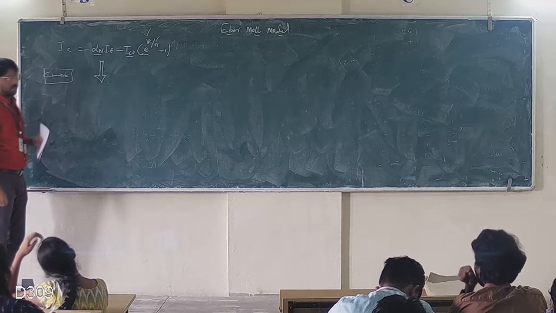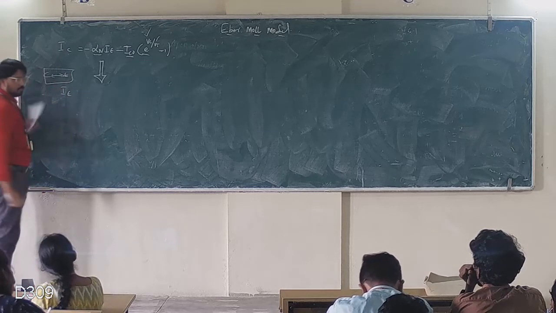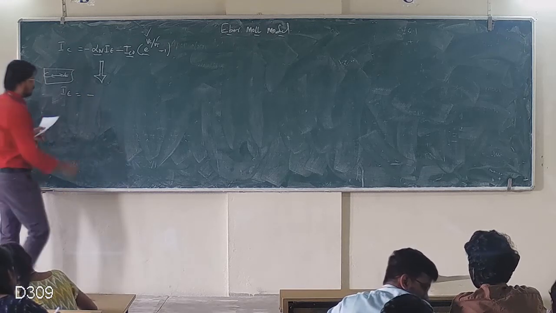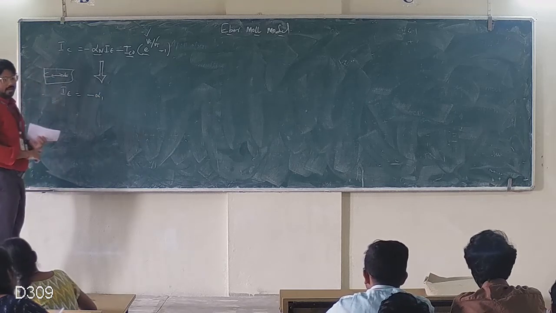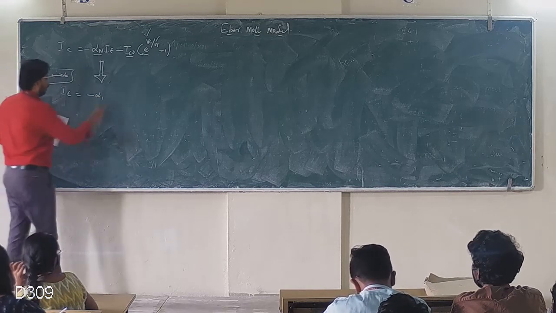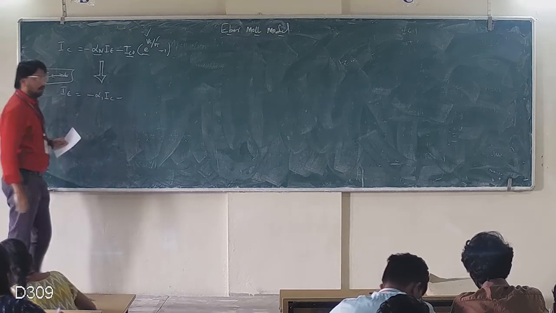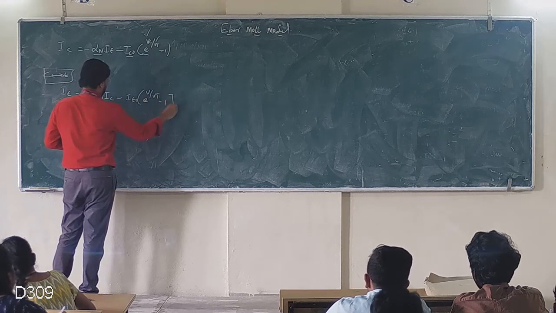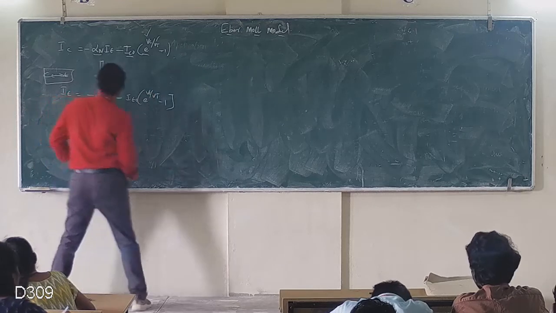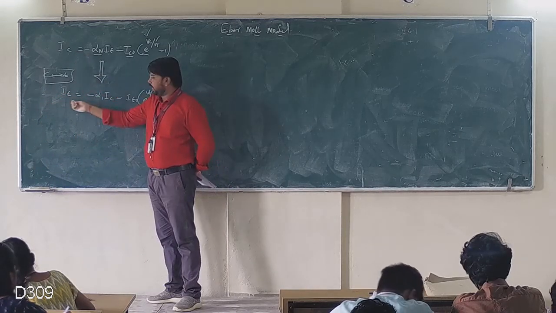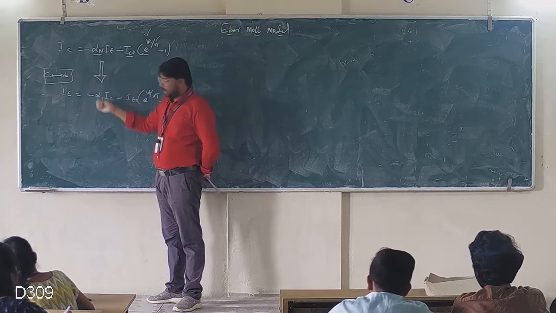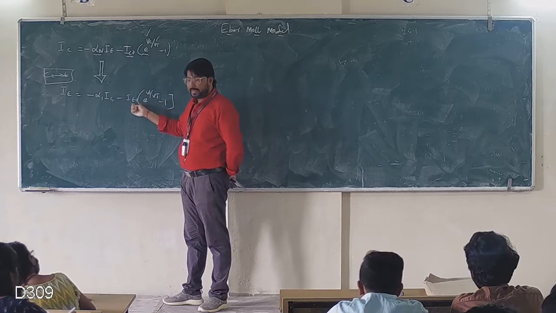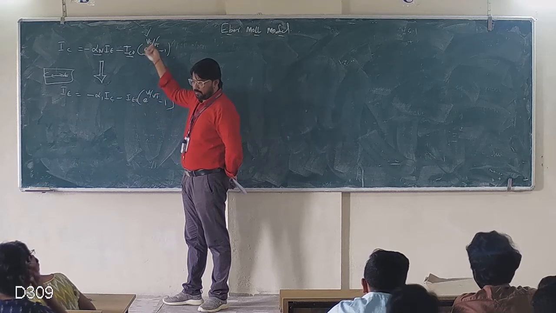IE in terms of IC is equal to minus alpha I IC minus IEO, e to the power of VC divided by VT minus 1.